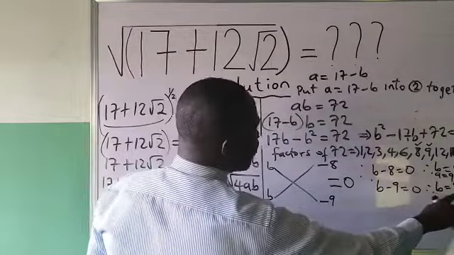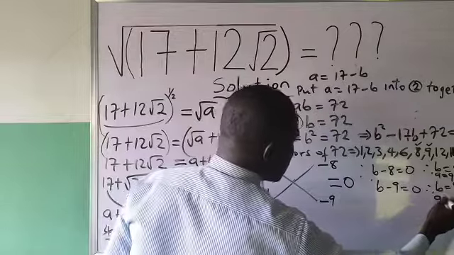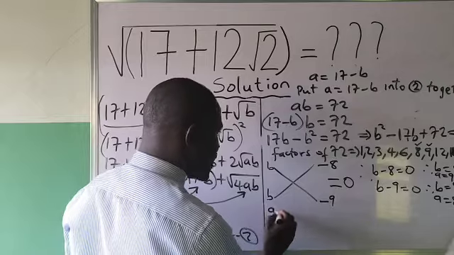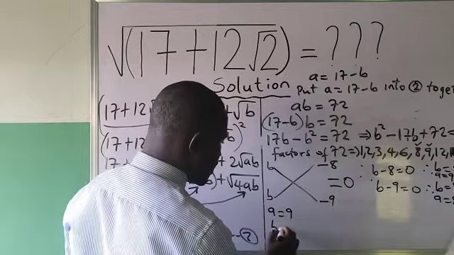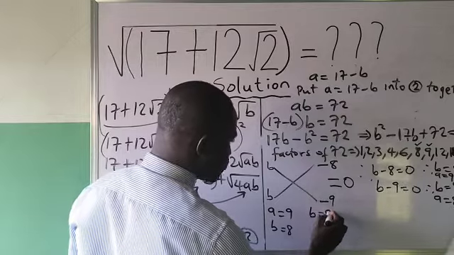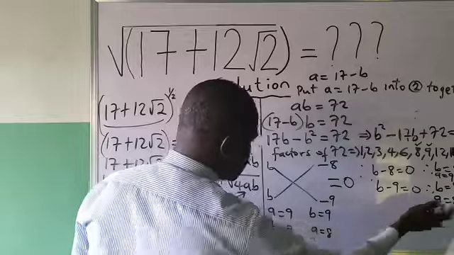Then when B is equal to 9, A will be equal to 17 minus 9, which is 8. So I've gotten that A is equal to 9 when B equals 8, and B is equal to 9 when A equals 8. I've got it from here.